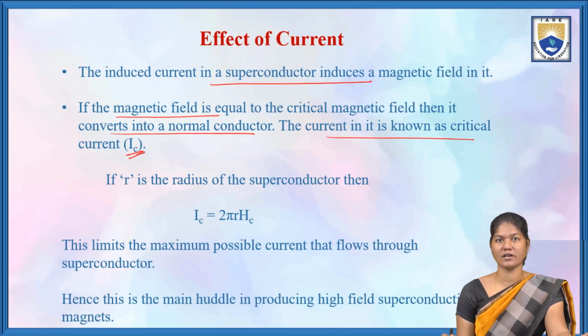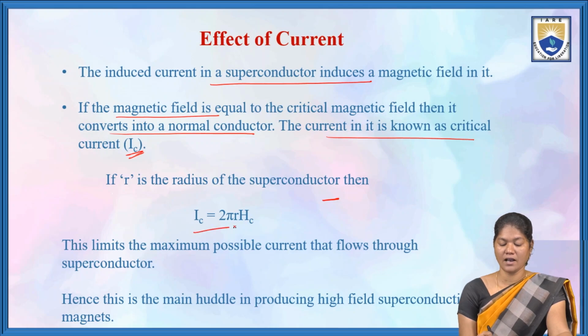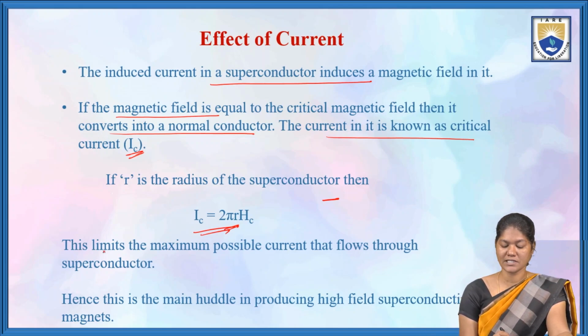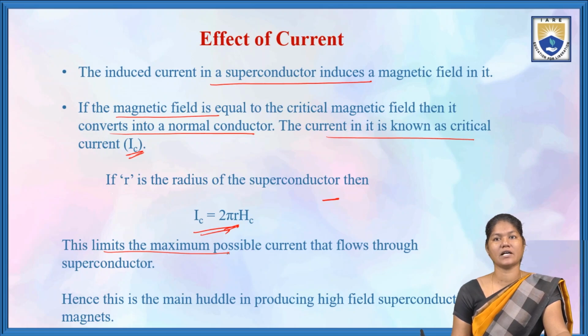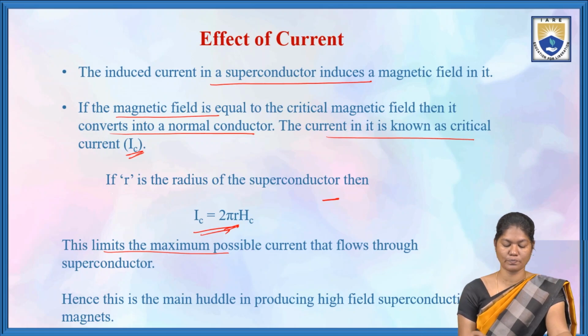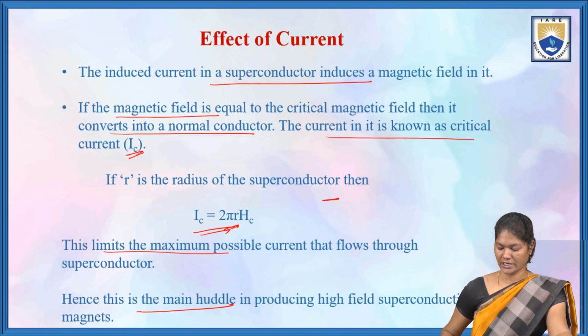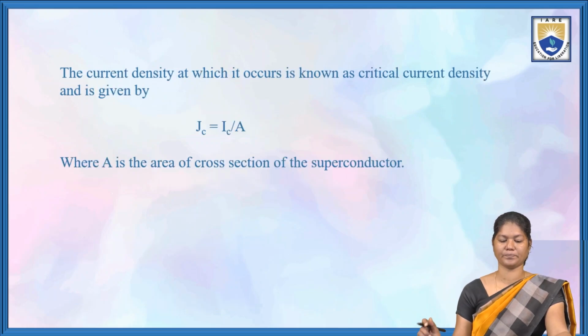If R is the radius of the superconductor, then the critical current IC is equal to 2 pi R HC. So this limits the maximum possible current that flows through the superconductor. Hence, this is the main hurdle in producing high field superconducting magnets.